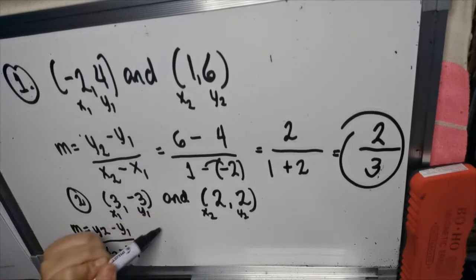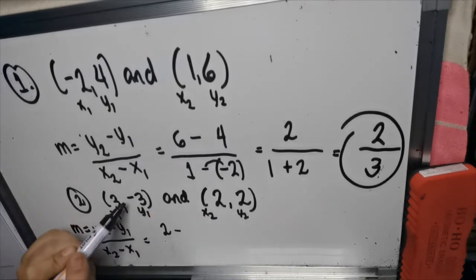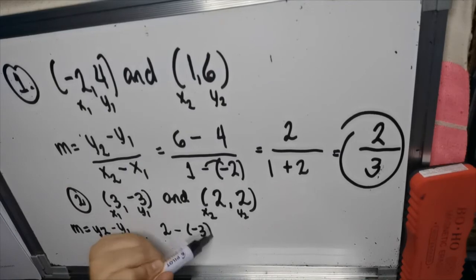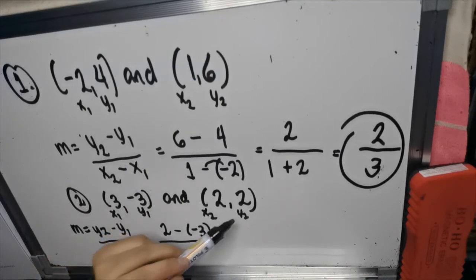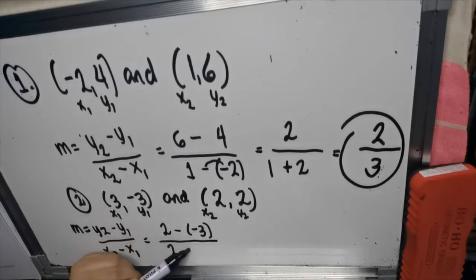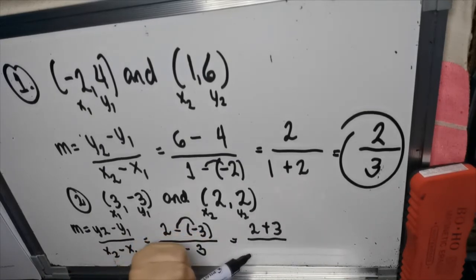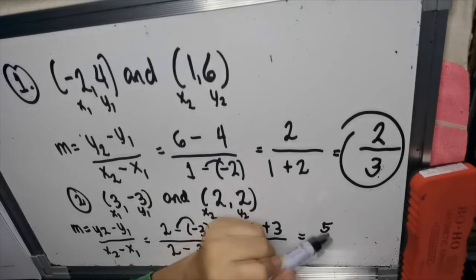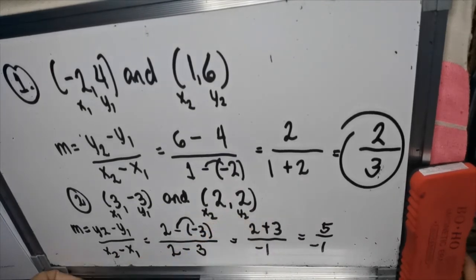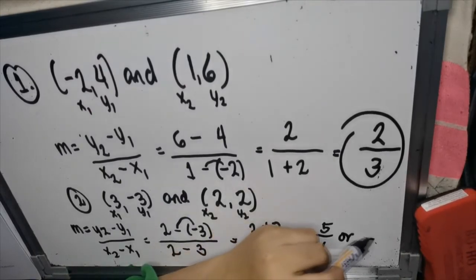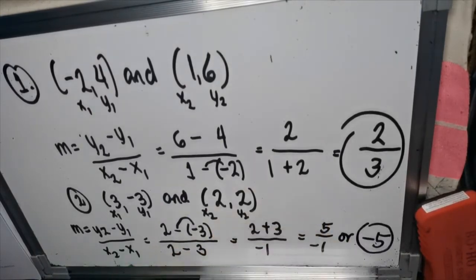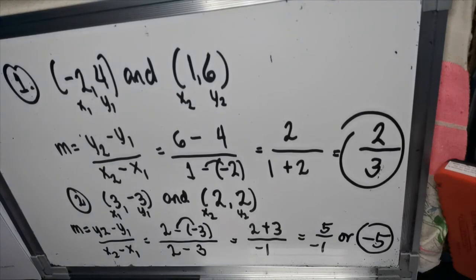Y sub 2 natin is 2 minus y sub 1, negative 3, over x sub 2, 2 minus x sub 1 natin, 3. So, negative times negative, positive. So, 2 plus 3, 5. 2 minus 3, negative 1. So, 5 over negative 1, or simply, negative 5.